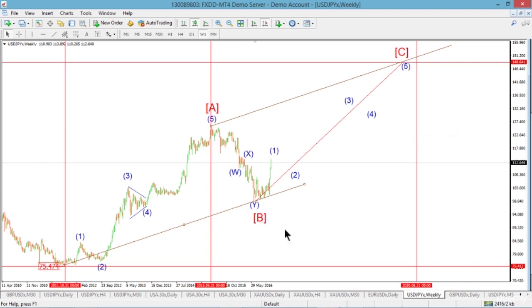Now, how does this help us in our overall trading, charting and market analysis? Well, knowing where you stand within the overall trend means you can orientate yourself towards planning to trade that trend later on. If we know that this overall pattern is not complete, and we know where we may stand within that trend, we may have completed wave 1 or be close to completing wave 1 up in this C wave.